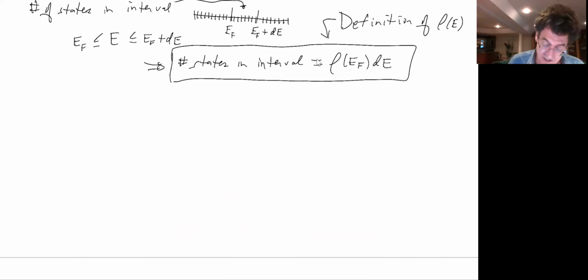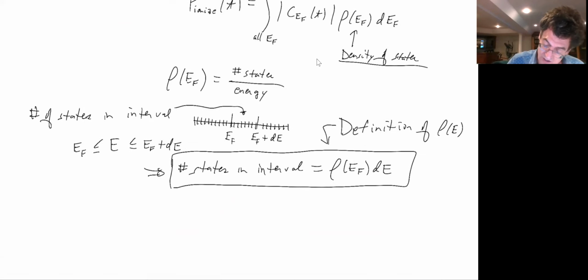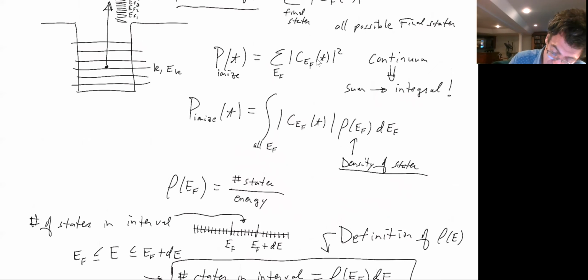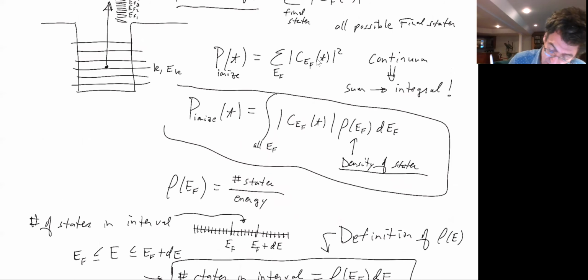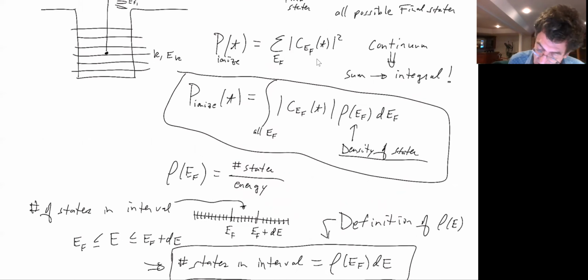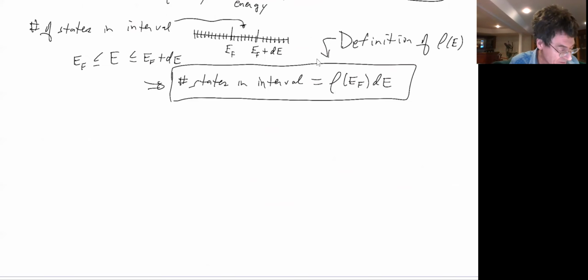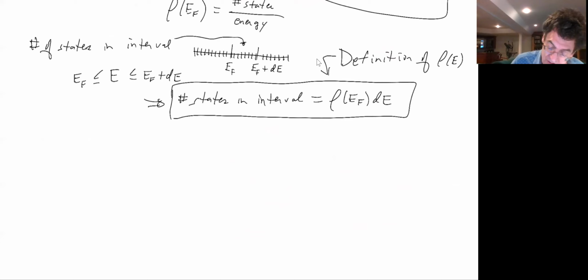Okay, so now we can write our integral using this new density of states concept. We have to integrate this transition probability over all possible final states. And so we'll just plug it in. It's not that hard, actually.